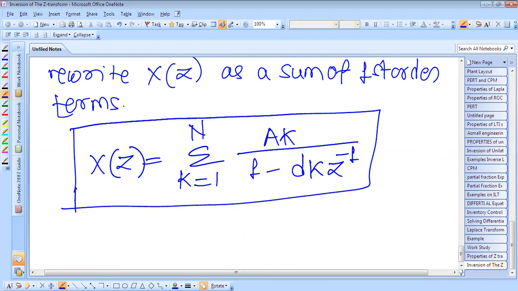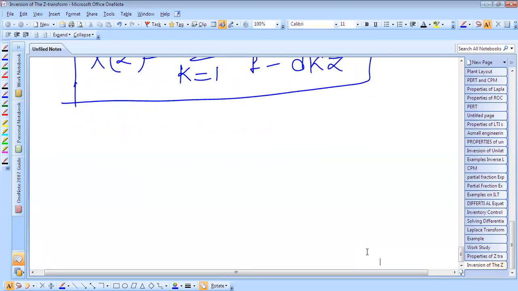So depending on the ROC, the inverse Z transform associated with each of these terms is then determined by using the appropriate transform pair. The appropriate transform pair is like this.